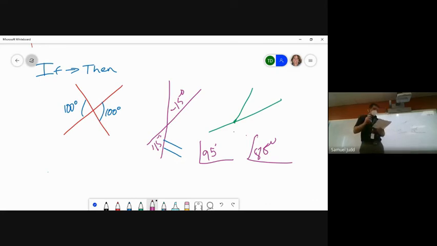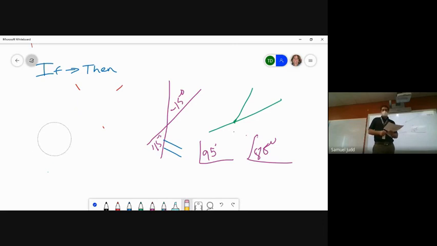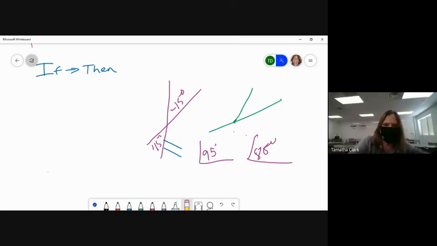Let's come up with one final example. Let's see if you can come up with a counterexample to this statement. If two parallel lines are crossed by a transversal, then the alternate interior angles are congruent. Let me draw that. So parallel lines and a transversal.